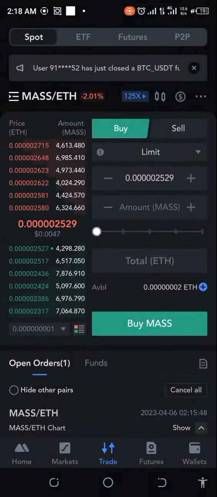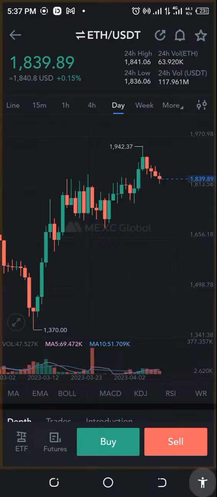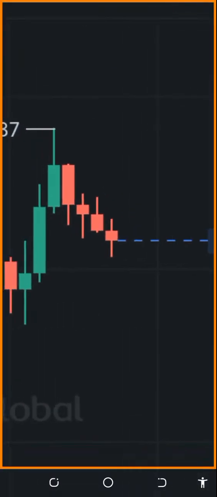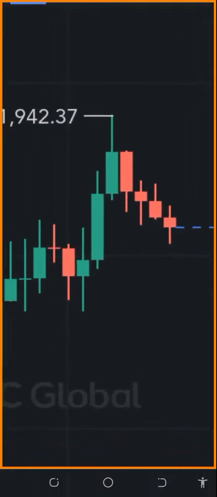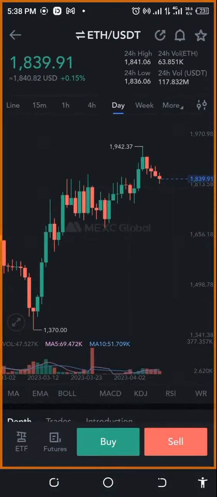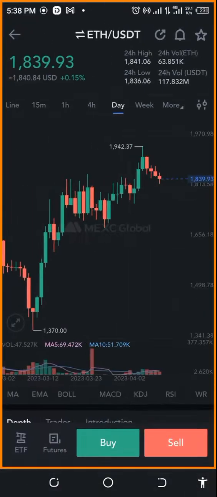See you shortly. Okay, all right, I'm back after 3 days, and it just seems like ETH decided to go down. As you can see here, this is the 1 day chart, and you can see that for the past 3 days, the ETH has been going down, right?